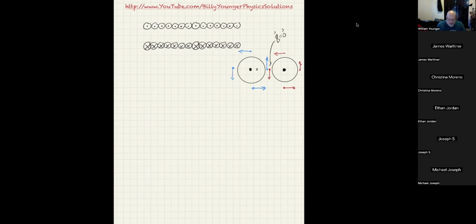Now, that's just right in between them. Now, down here inside of the solenoid, the magnetic field is strong. So B is strong down here because you can see that this left wire and the right wire are both contributing to the magnetic field.